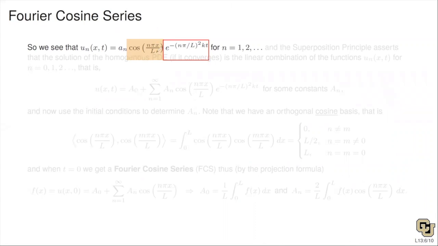Don't forget, here I had root lambda x, and here we had minus lambda kt. Then we found out there wasn't just one lambda, there's n of them. So this became a lambda sub n. And then we actually solved for it.